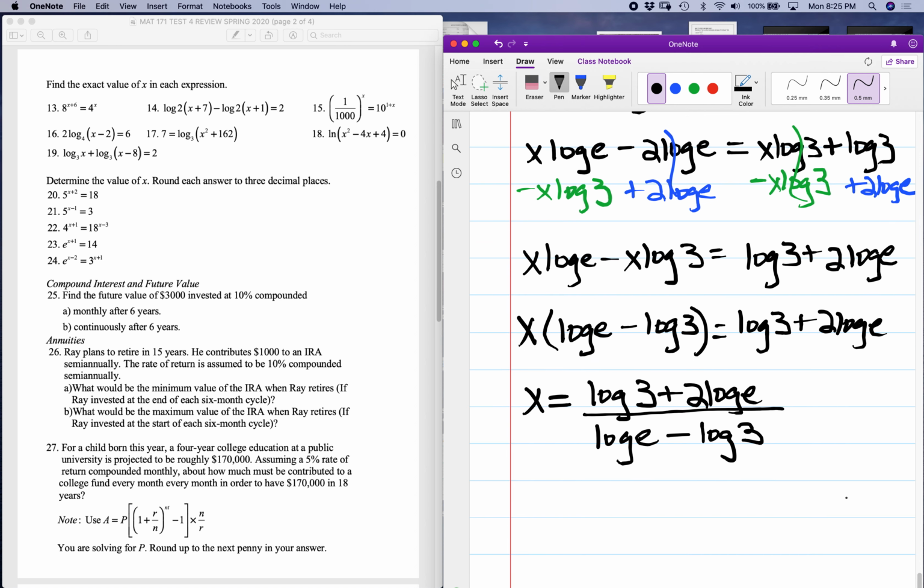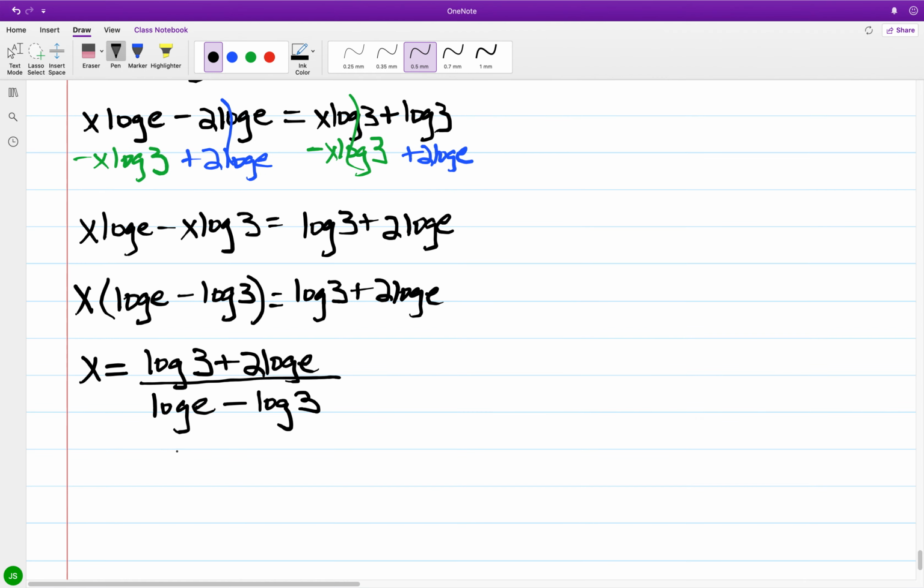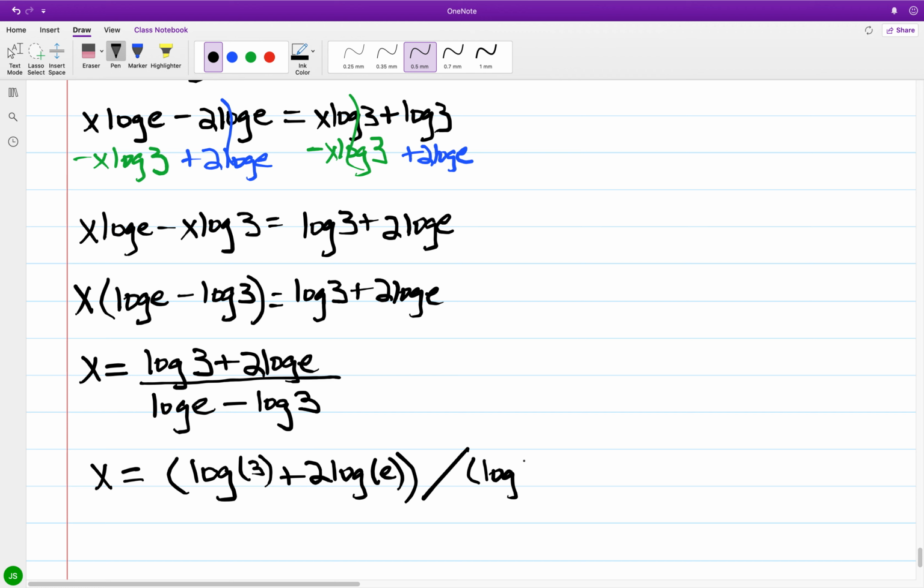Now, in the case of x, just putting this in calculator terms, I'm going to quantify the sum in the numerator, divided by the quantity, the difference between base 10 logarithm of e and the base 10 logarithm of 3.